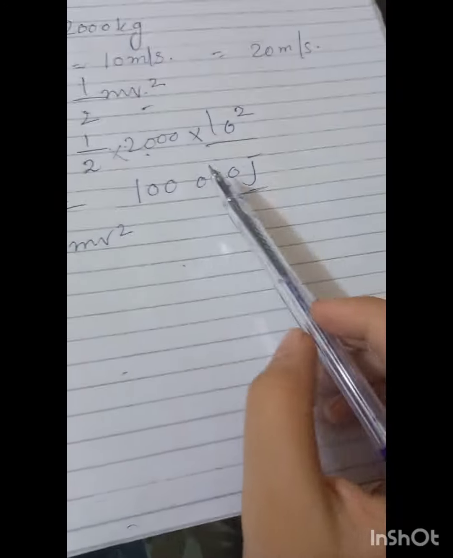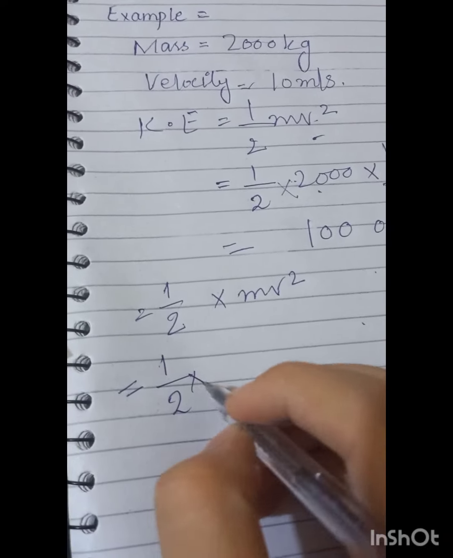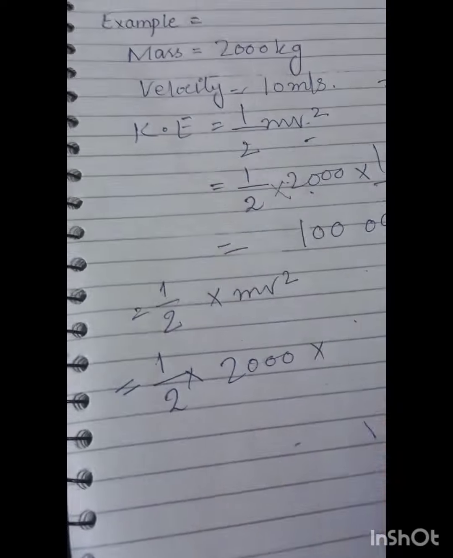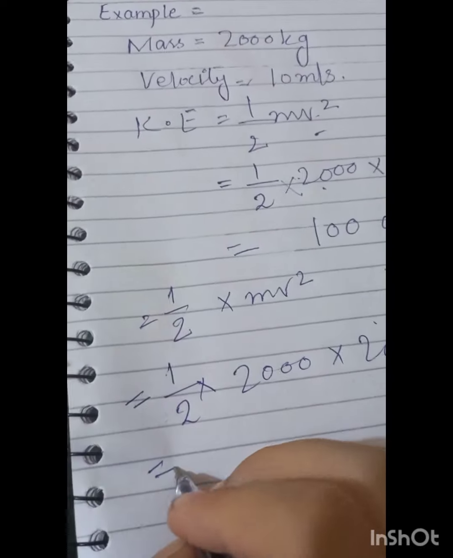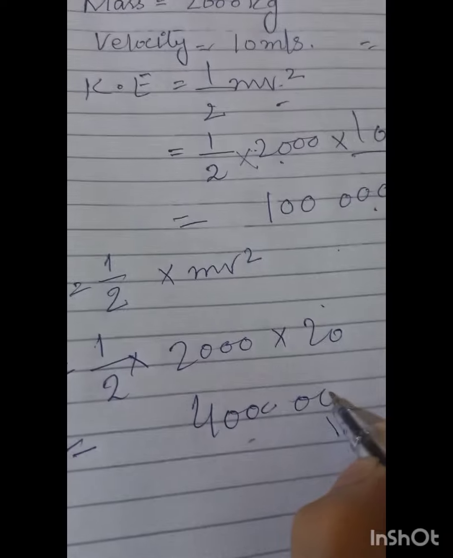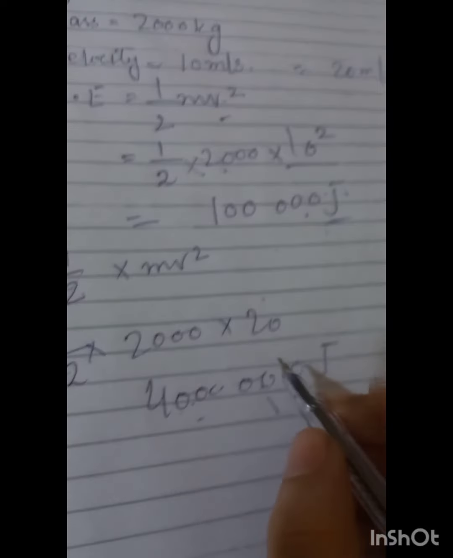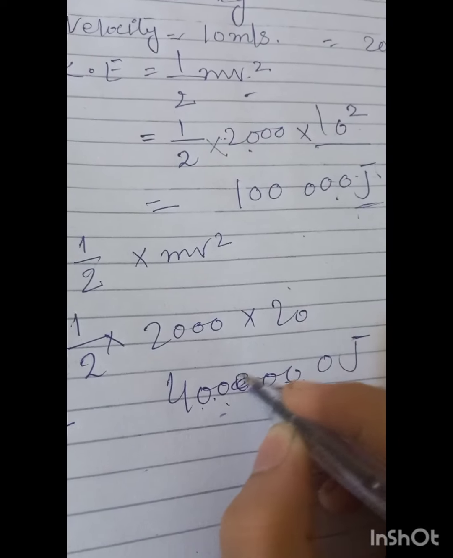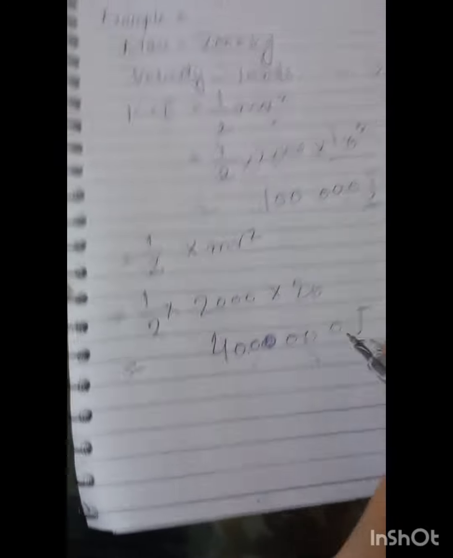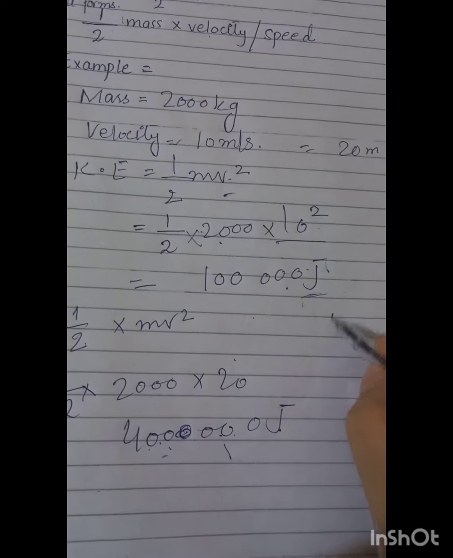What we do after this is add the values again. 4000, this will be our increase. This is our difference.